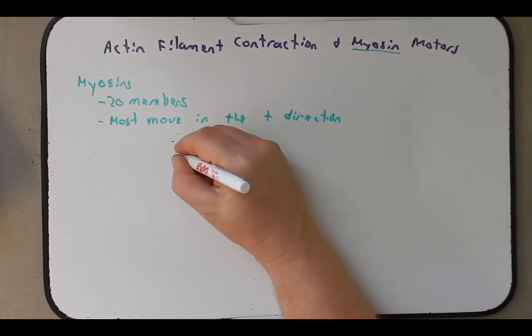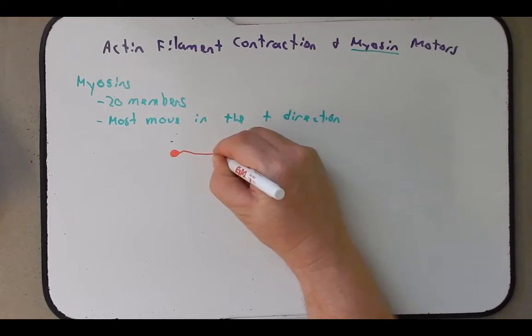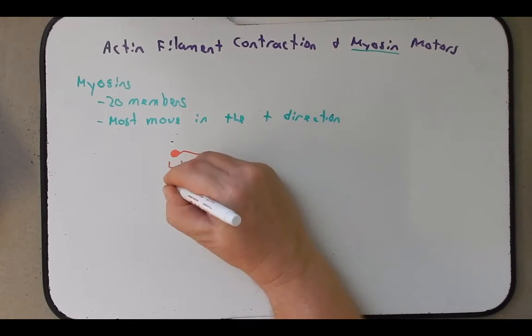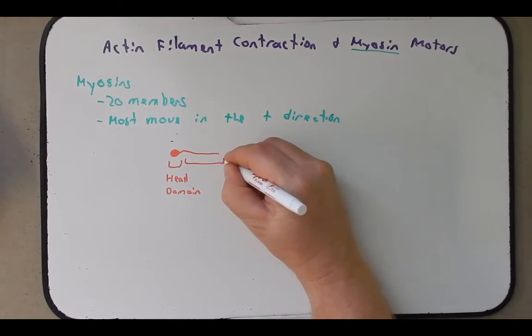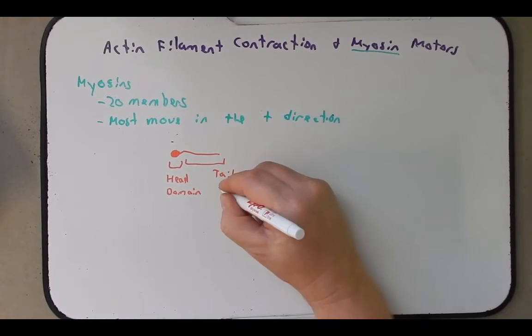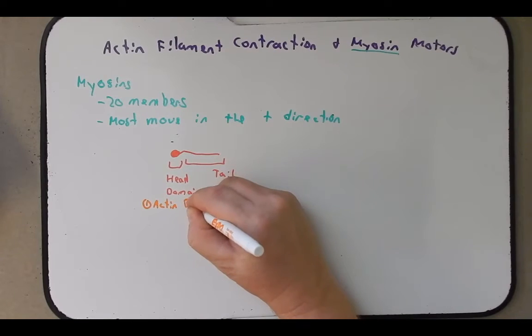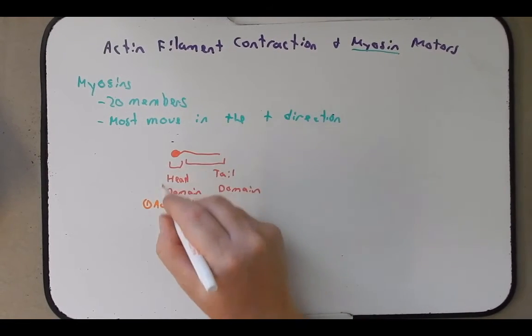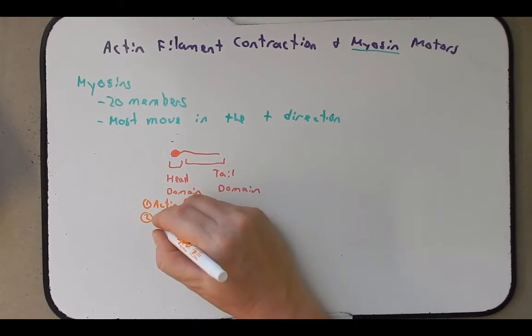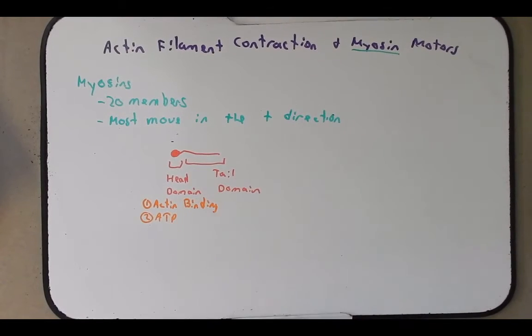Structurally, we could draw the myosin as such, where here we have the head domain, and here we have the tail domain. The head domain has actin binding abilities. This is the part that will bind to the actins, and it binds and hydrolyzes ATP.